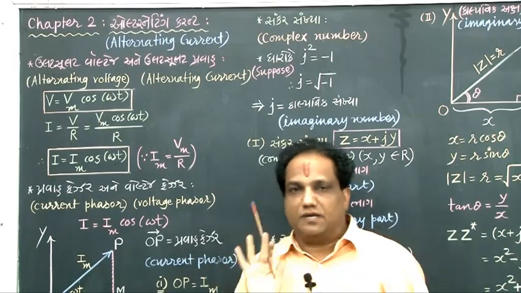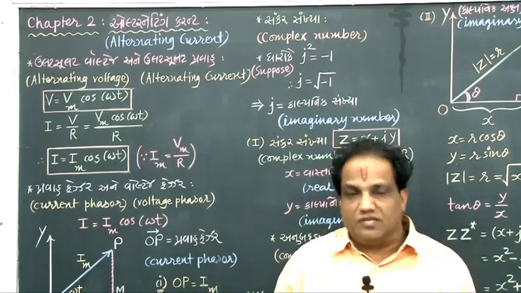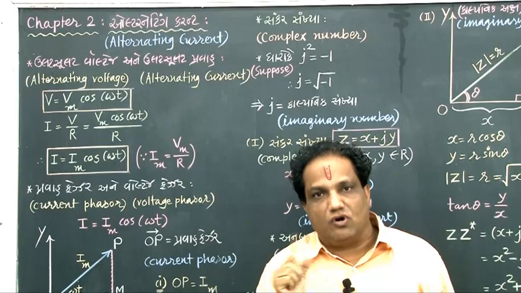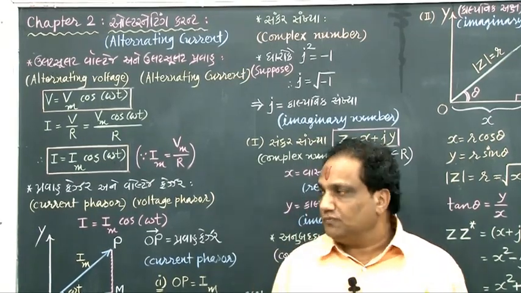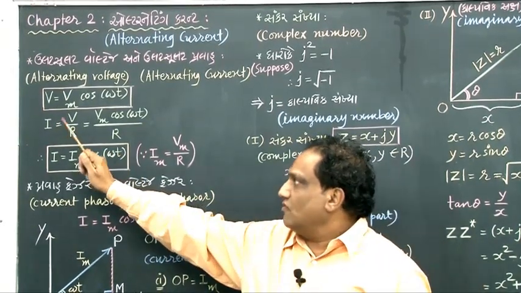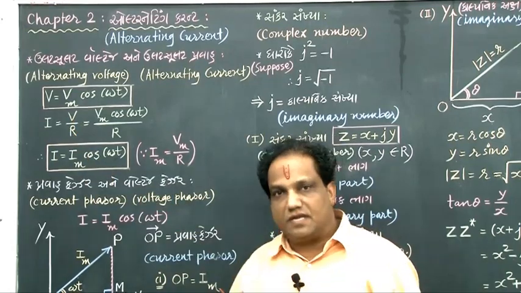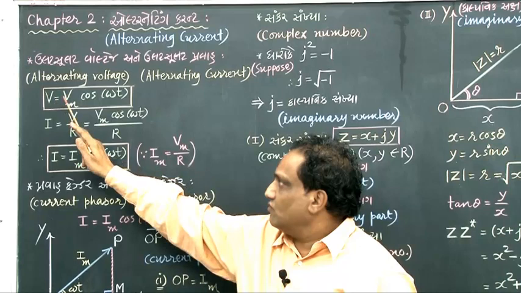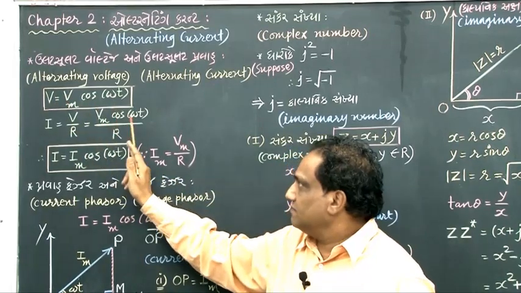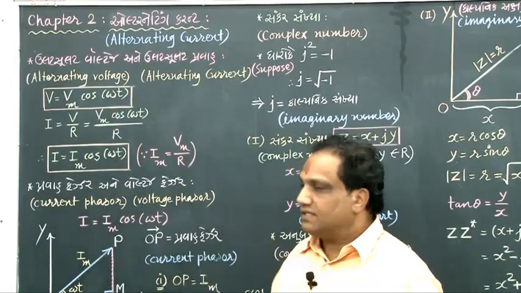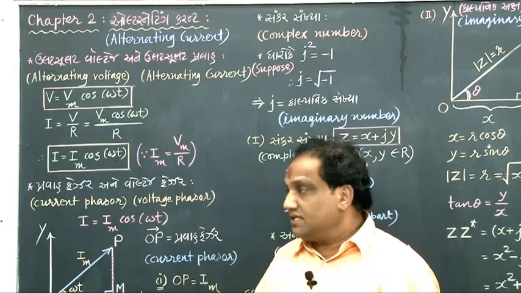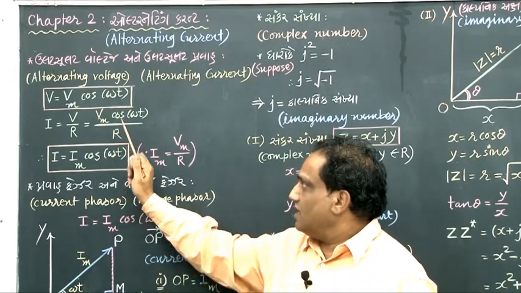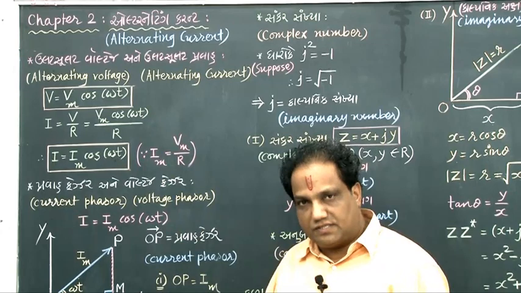Okay, correct. Now in this case, what would be the formula for alternating current? I am showing you. You know current is voltage upon resistance, according to Ohm's law. What is this V? V equals to Vm cos of omega t upon R as it is. Can you rewrite Vm upon R into cos of omega t? Yes.